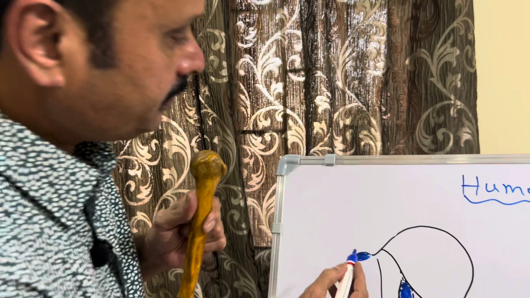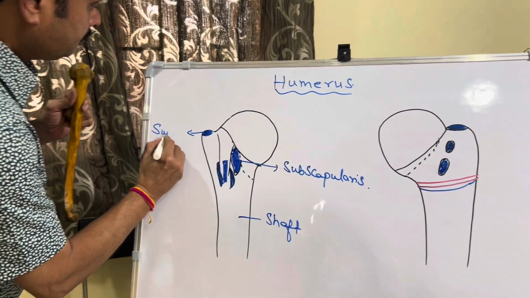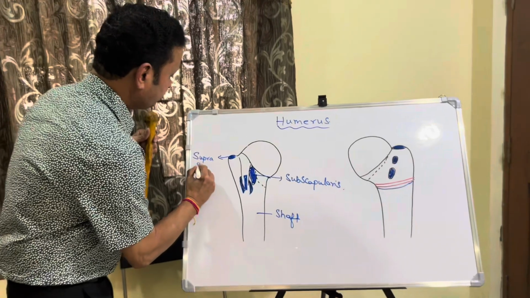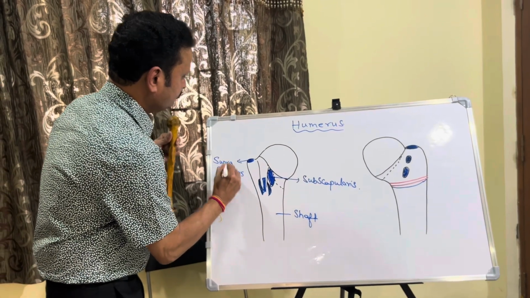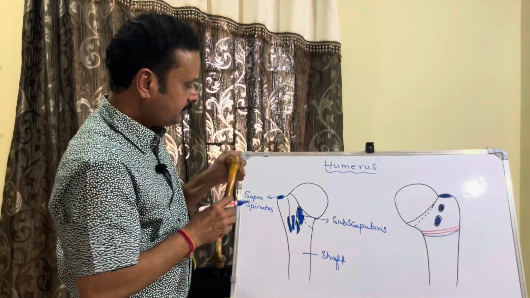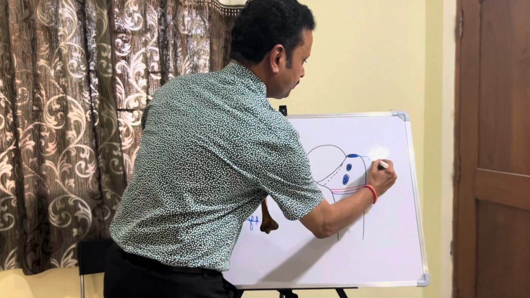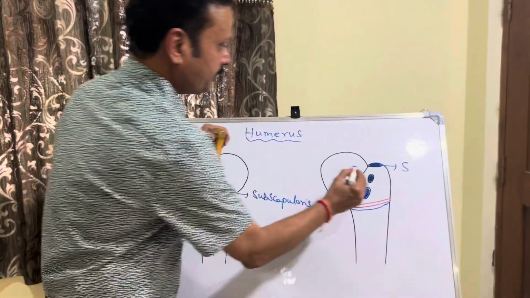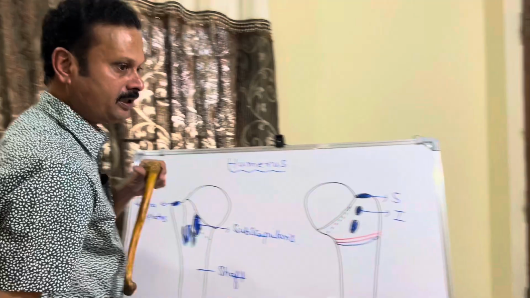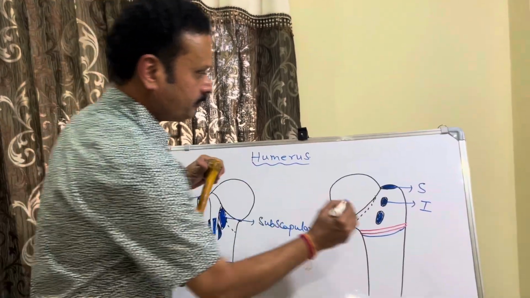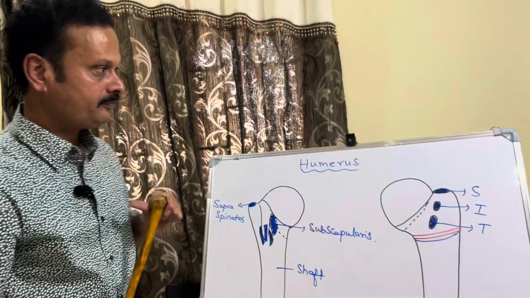So this upper impression receives the attachment of the supraspinatus muscle. The middle impression is this one, which receives the insertion of infraspinatus, and this one is the lower impression, which receives the insertion of teres minor.